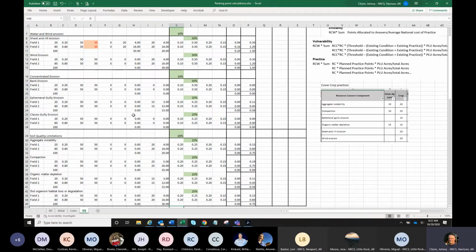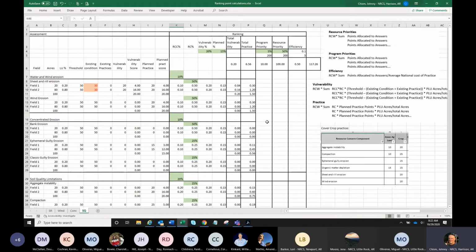So it's very important that they consistently assess a set of resource concerns across ranking pools, across programs, or even for conservation planning. So hopefully that gives you a little bit of idea about why we see so many differences in the consistency across those. A lot of times it's based on the number of resource concerns they've assessed.